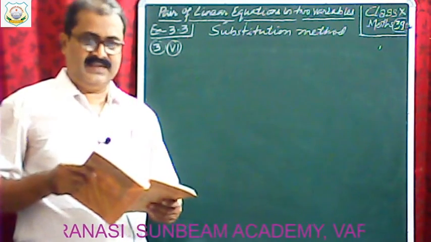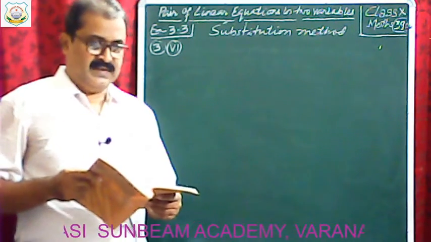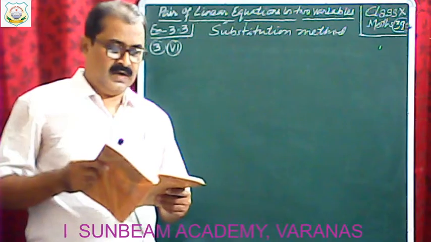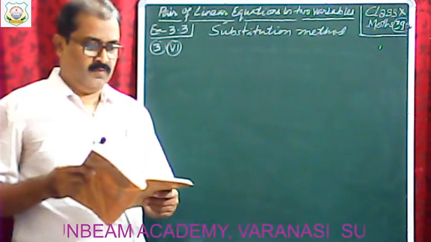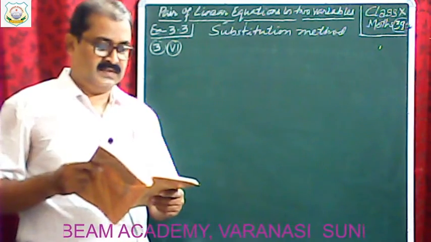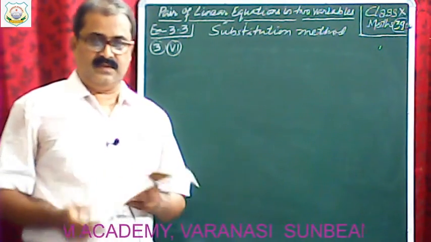What are their present ages? I repeat again. 5 years hence, the age of Jacob will be 3 times that of his son, and 5 years ago, Jacob's age was 7 times that of his son. What are their present ages?